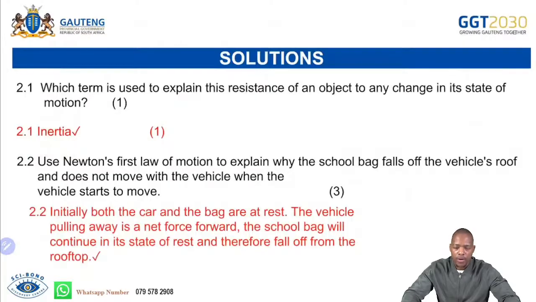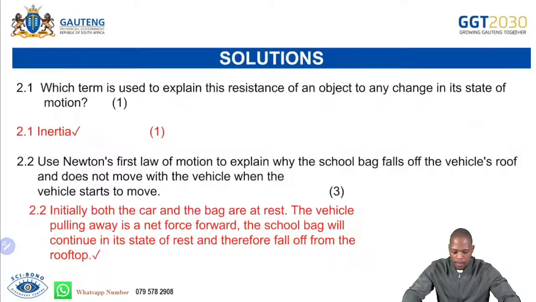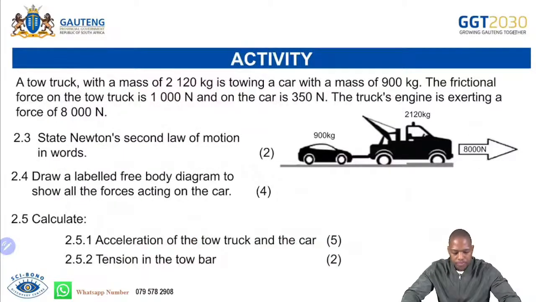Okay, so here's the next question that I want us to look at. But this will be looking at it together. A tow truck with a mass of 2,120 kilograms is towing a car with a mass of 900 kilograms. The frictional force on the tow truck is 1,000 newtons and on the car is 350 newtons.